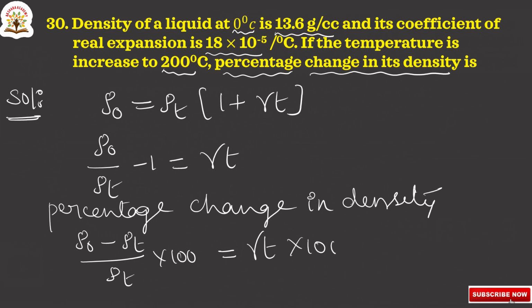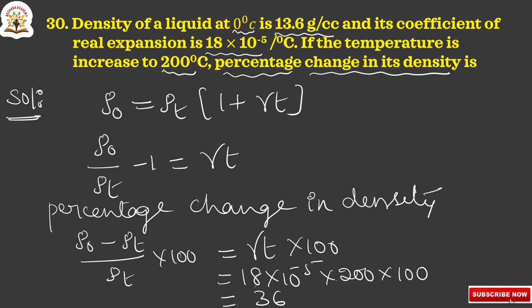Now substituting values, gamma nothing but 18 into 10 to the power of minus 5 into t nothing but 200 into 100. Here 4 zeros, so 10 to the power of minus 4. Here 10 to the power of minus 5. So 10 to the power of minus 1. 18 into 2 is 36, 36 into 10 to the power of minus 1.